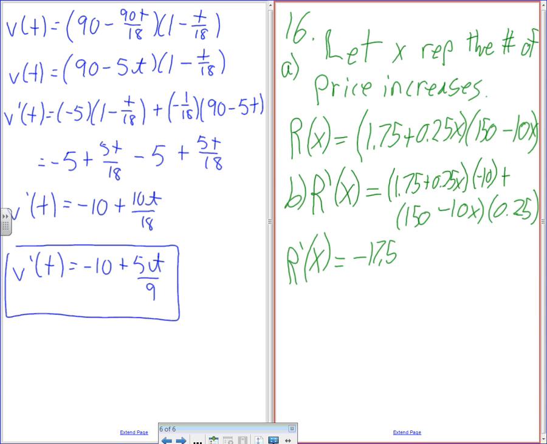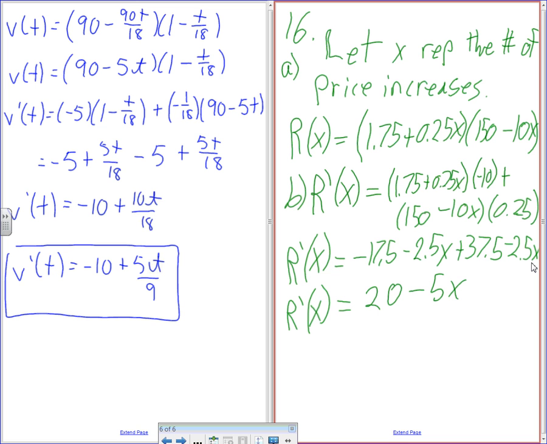Negative 17.5 plus 2.5. Not... get our R prime of x equals 20 minus 5x.